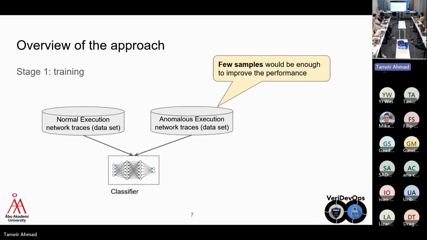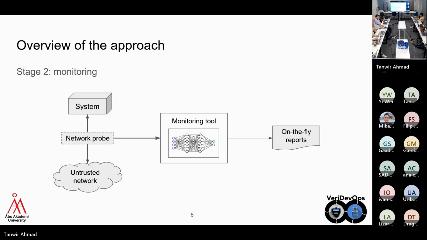In the first stage, we train a classifier, where we require normal data and a few anomalous traces to train the network. Once we have the model, we can use it for monitoring and detecting anomalous traffic.